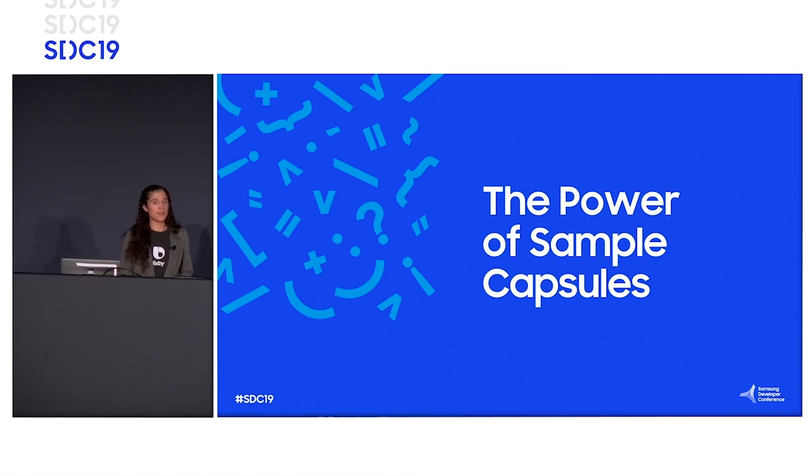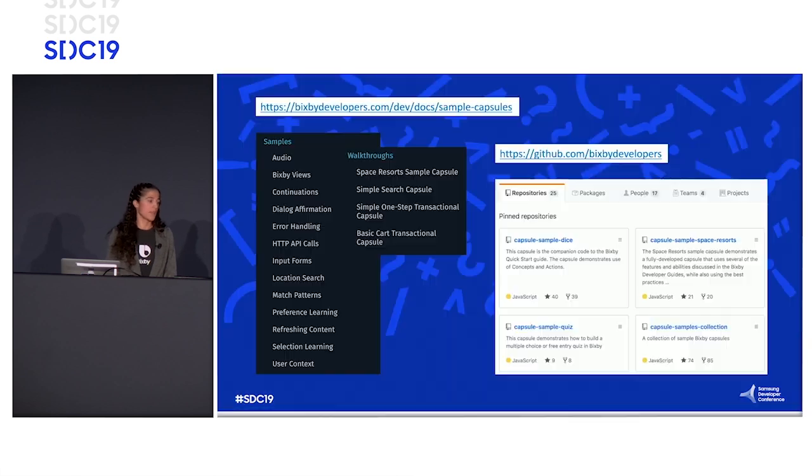So the final building block I want to talk about are sample capsules. These reside on our website, bixbydevelopers.com, and its sister GitHub account, github.com/bixbydevelopers. So you'll find there some complete walkthroughs. For example, the movie agent capsule that we just looked at is all there for you to play around with.